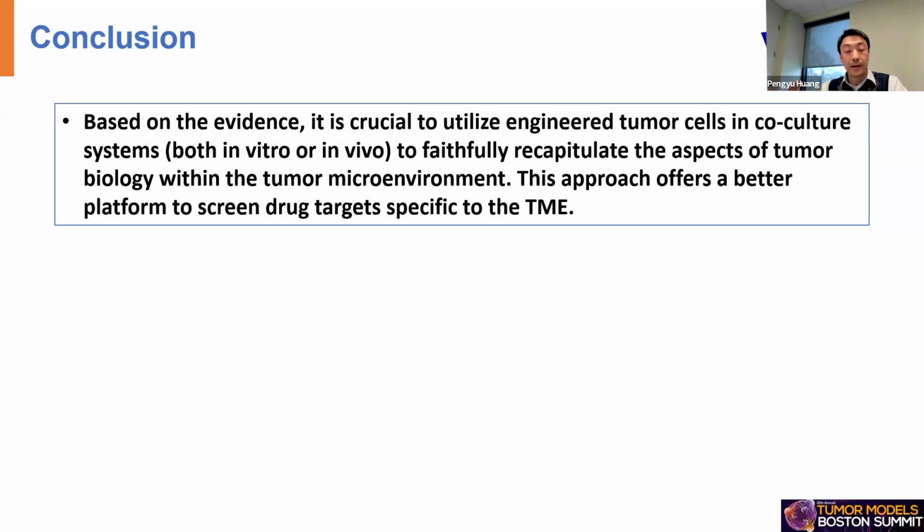It's just like iPS, right? You need to put back the Yamanaka factors that make the cell go back to the beginning, so it has the real ability to work in vivo. This is my point: you need to put some factor back into the tumor to make it a real in vivo tumor.